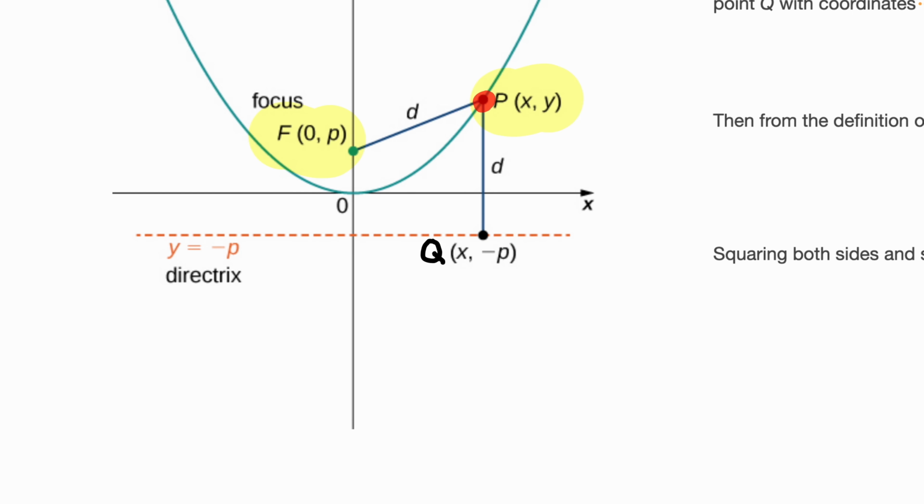So if we were to move P, say, over to here, then we would want to look straight down. In other words, we want to be forming a right angle here. So if that's going to be true, then both P and Q will share a first coordinate x.